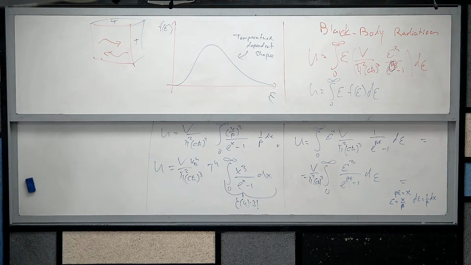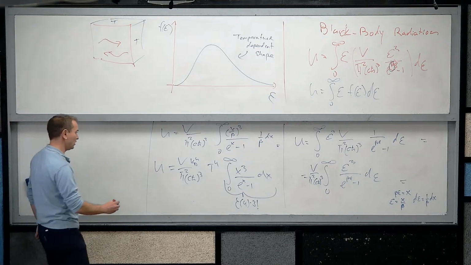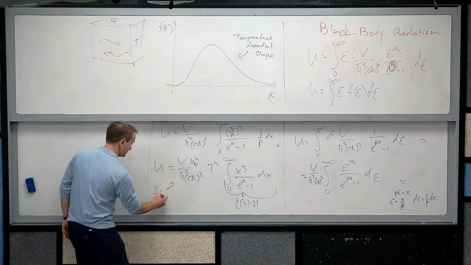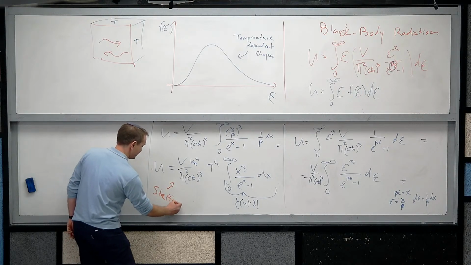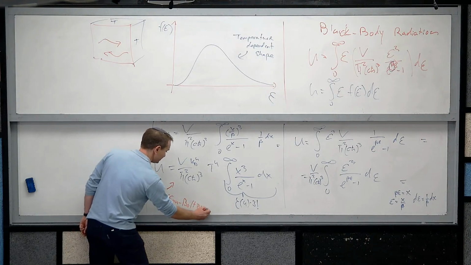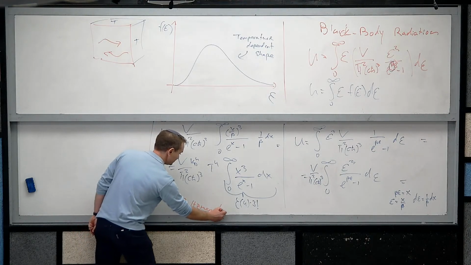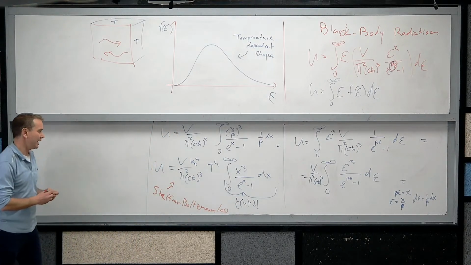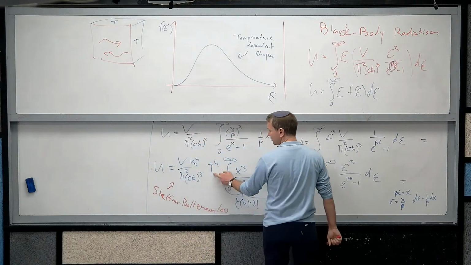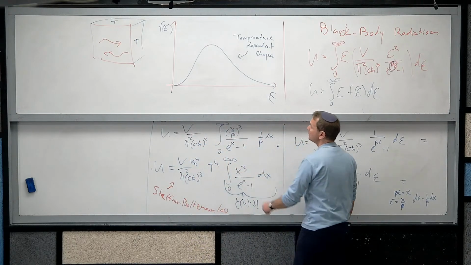And this is the Stefan-Boltzmann law, that the average energy is proportional to the temperature to the fourth power.